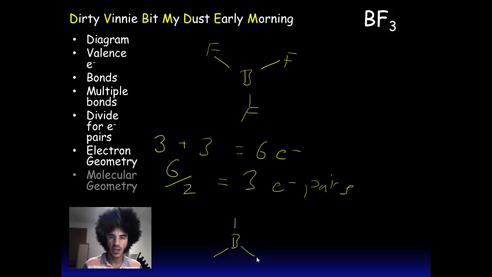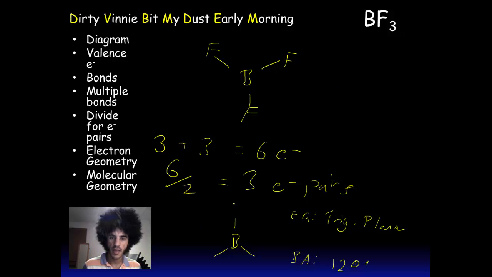Now I have to work out my molecular geometry. Now before I do that, I'm just going to write my electron geometry as being trigonal planar. And my bond angle will be somewhere close to 120. Whether it's smaller than that, we'll find out later. Now, for the molecular geometry, I need to see what's attached to these 3 electron domains. I have 3 fluorines, as you can see.